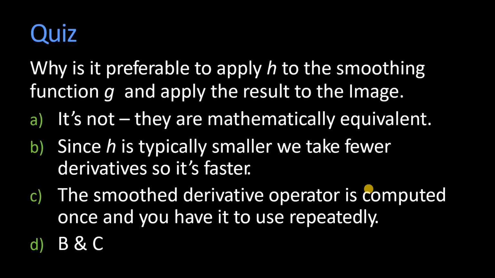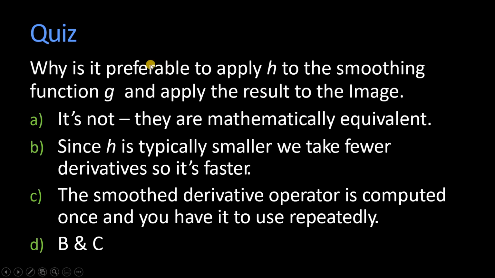So why is it preferable to apply the derivative to the smoothing function g first, and then apply the result to the image?